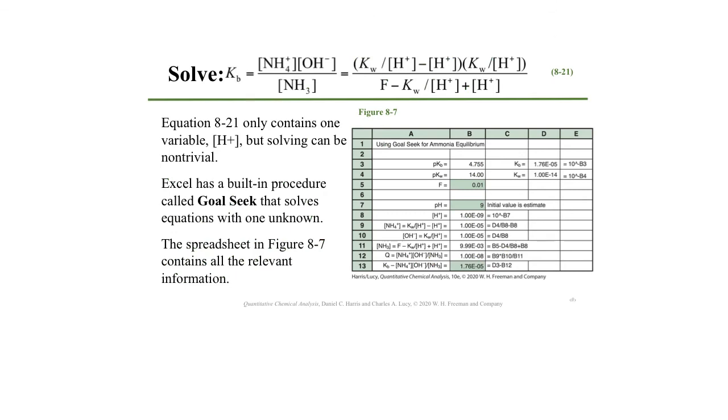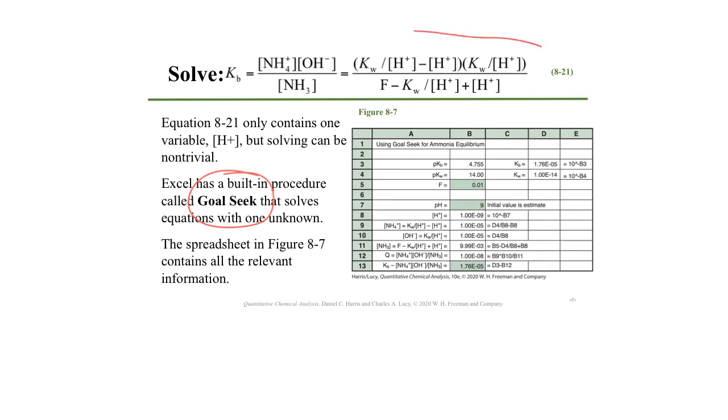So again, if you go into Excel, it becomes a much simpler problem, and you can use this thing called goal seek, and you read about that in the book, and it will tell you exactly how to set all this stuff up, and you can come out with all these concentrations, which is pretty cool. But you could also do this by hand.